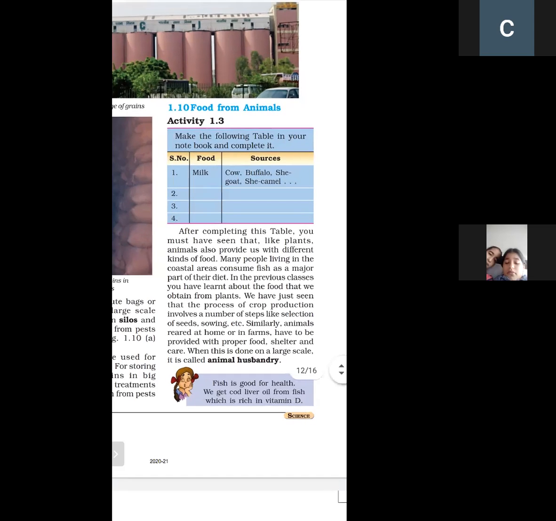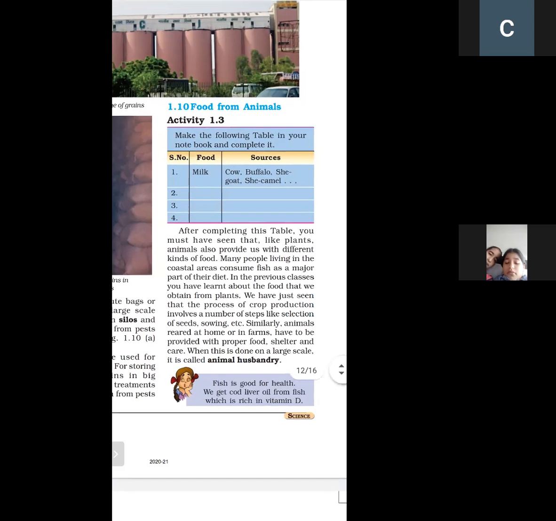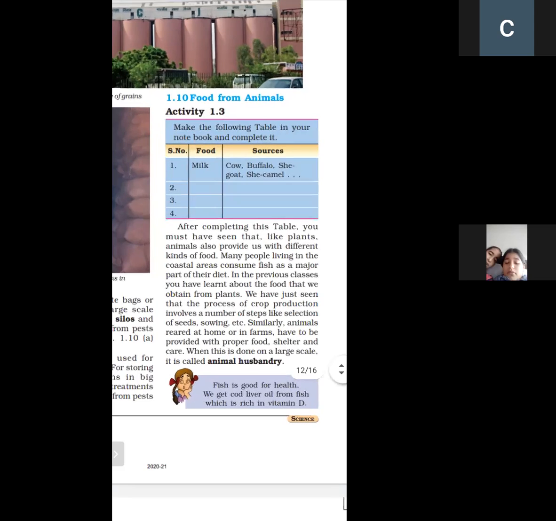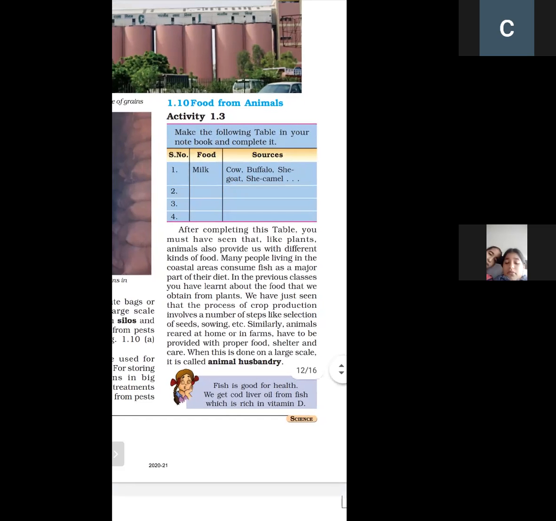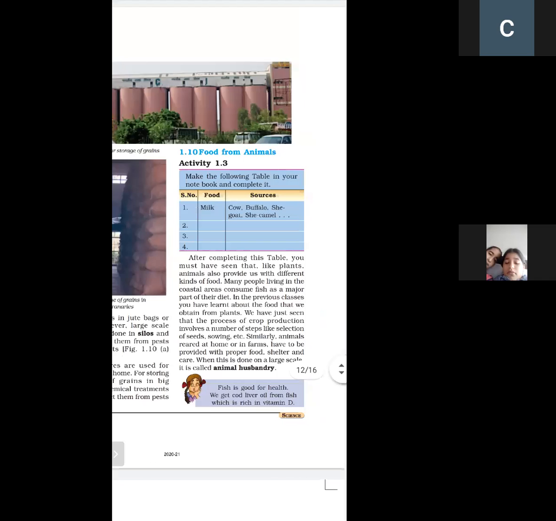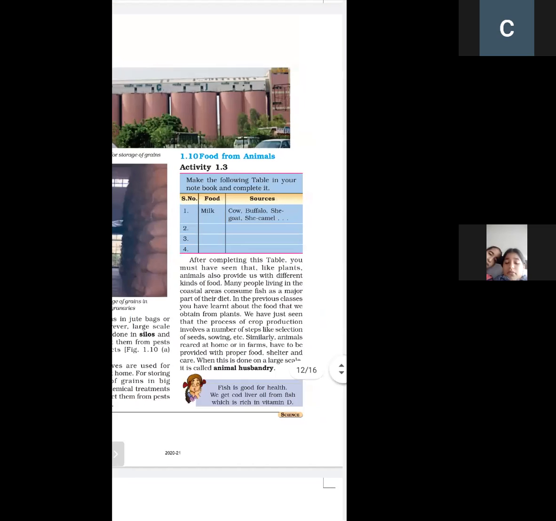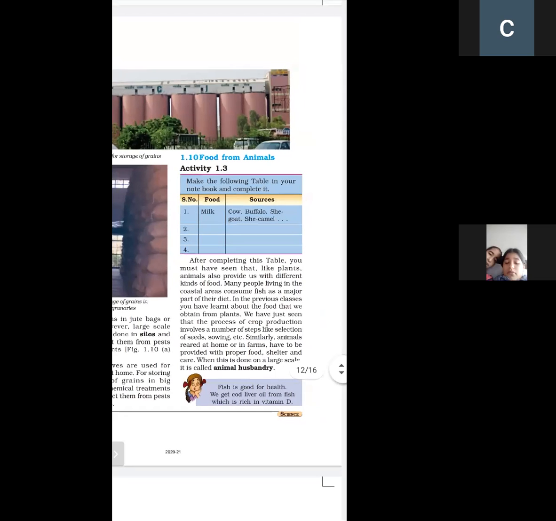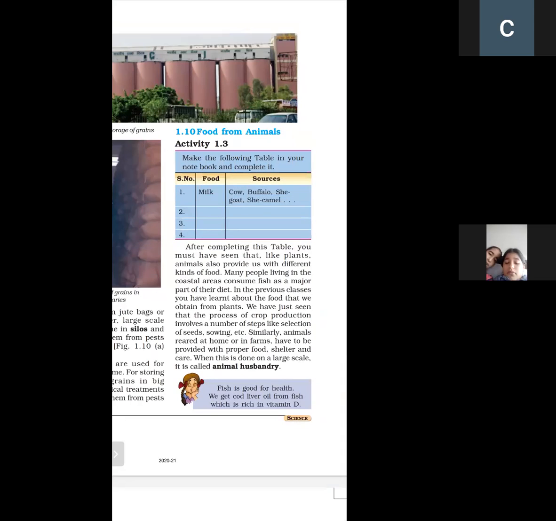So they are reared at home or in farms with proper food and shelter, and this, done on a large scale, is called animal husbandry.